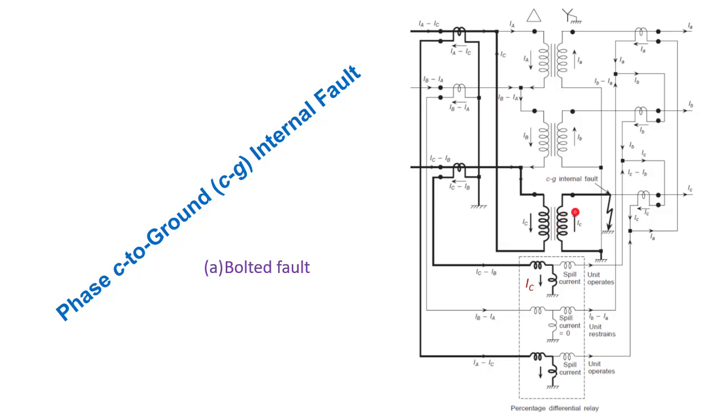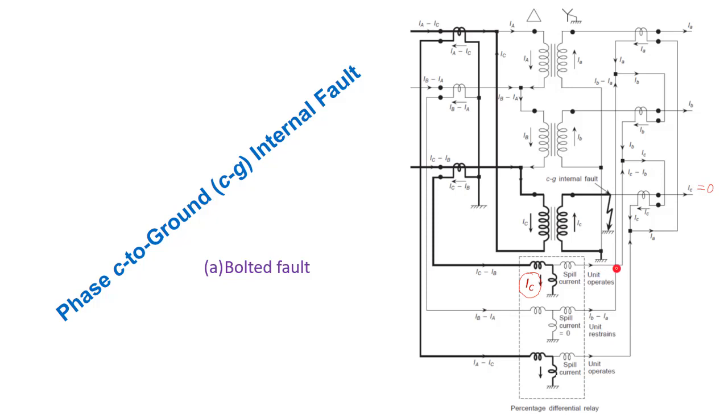For the bolted fault case, as soon as it becomes shorted, this small IC will become 0. As this IC becomes 0, the spill current will become capital IC. Already we have seen how it will become IC, because here IC will become 0, and here IC minus IB flows.